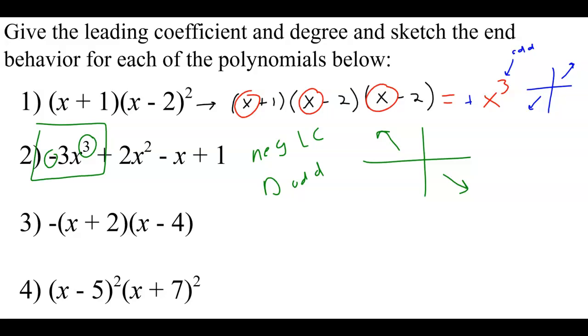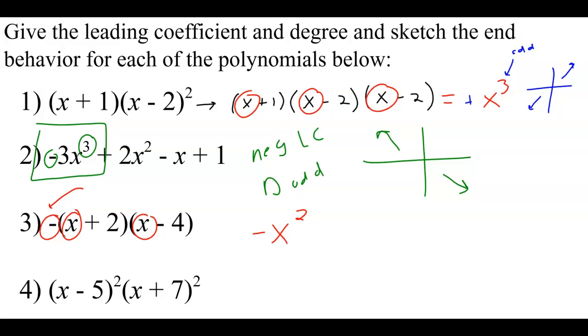Now, number 3 is factored again. So if you multiply these x's together, you would get x squared. But notice, kind of important here, there is a negative in front. So if I were to FOIL this whole thing out, that would be a negative x squared. So I guess it's good to point out that you pay attention to any coefficient that might be out front of factored form.